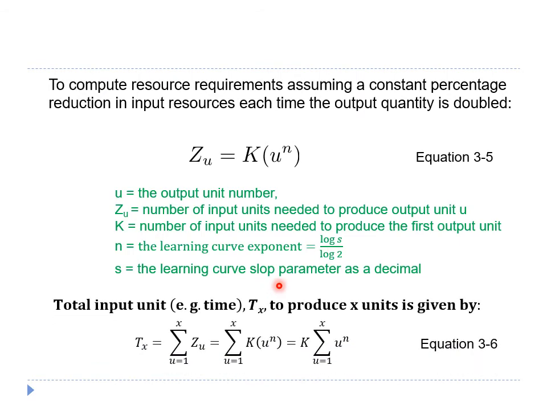The total input units, for example time, T_X, required to produce X units is given by these equations, which is the cumulative sum of the number of input units needed to produce each output unit U. For example, to calculate the total labor hours for the production of 4 units of output, we can sum up the labor hours for the production of the first, second, third, and fourth unit of output.